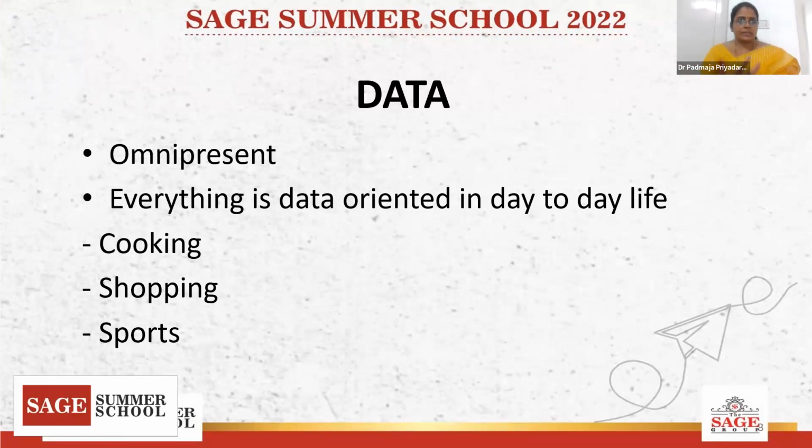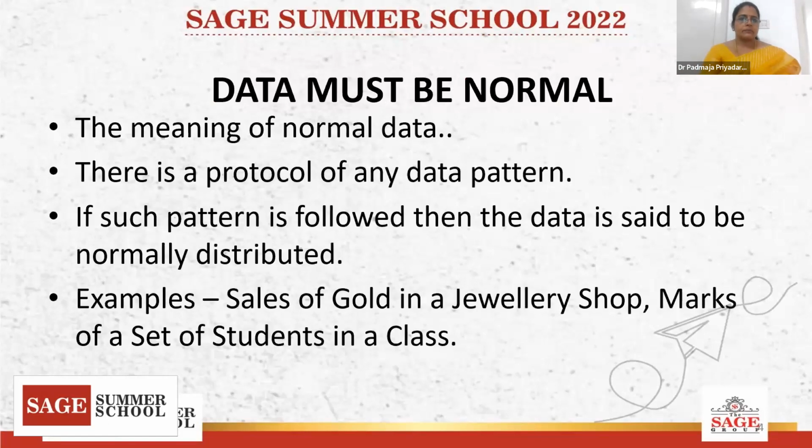Our mother knows the inventory level and in how many days the oil will be exhausted. She is a better inventory manager and knows how much to buy, so she can predict. When we go shopping, we have a budget. In sports, take cricket: the strike rate, the batting average. So we deal with data everywhere.